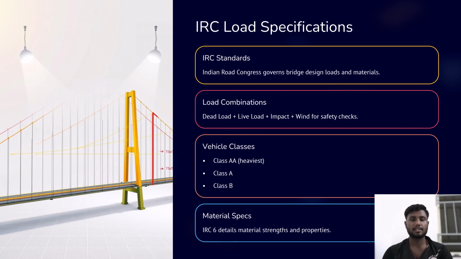And in class B, motorcycles, cycles, and all other vehicles are considered. And material specifications in the IS code detail material strength and properties.